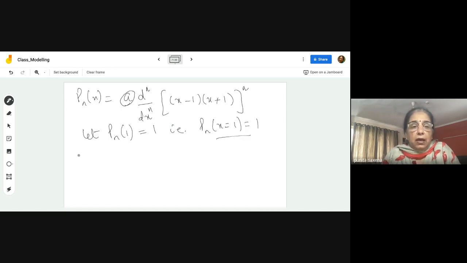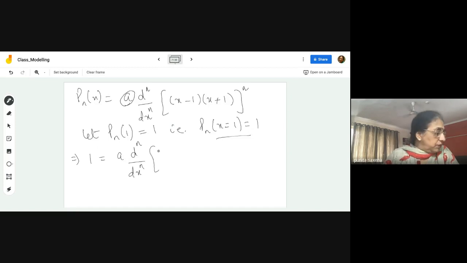Now, Pn at 1 equal to 1 means 1 is equal to a into the nth derivative of x minus 1 to the power n, x plus 1 to the power n. This derivative is evaluated when x is 1.